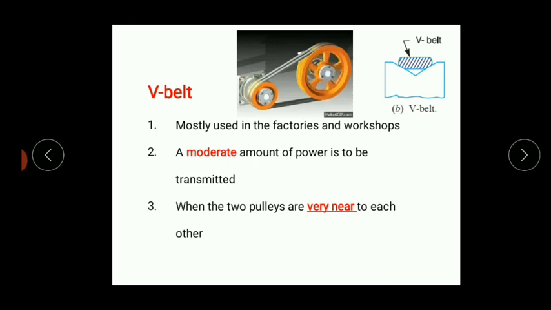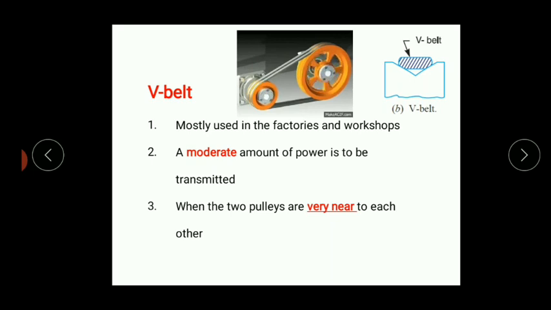One more thing we should know about the V belt drive and rope drive is that multiple belts can be used together. So we can increase the power transmission from the driving shaft to the driven shaft by using many layers of these belts, meaning multiple belts. Each belt has its own power transmission capacity.